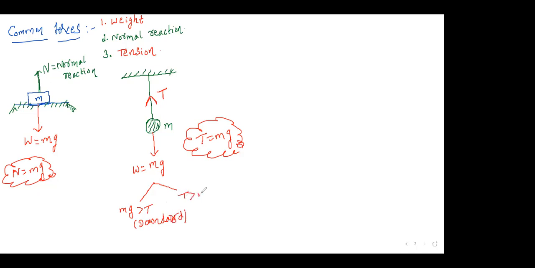If tension is acting more than mg, then the body will try to move upward. If the body is not moving, it means the tension should be balanced with mg. The normal reaction should be balanced with mg. So one is weight, the second is the normal reaction, and the third is the tension.